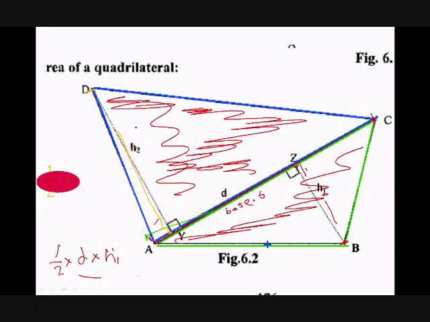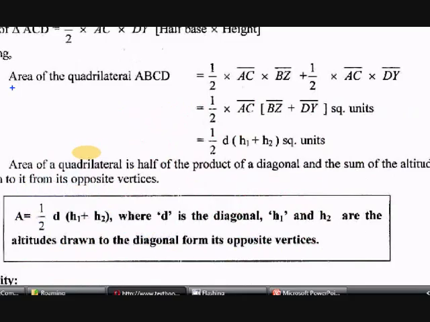So same thing, half into D into H2. The only difference is here it is H2 and D. The base is equal for both triangles, so it doesn't matter. Adding up these two areas, we get the quadrilateral area.